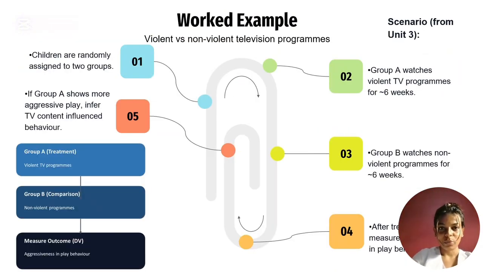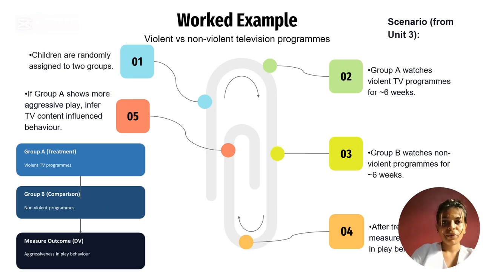Now here we have a worked example. The first thing is both groups were randomly assigned. One was watching violent TV content and the other was watching non-violent TV content for the same period of time, which was about 6 weeks. Now the educator will try to assess the aggressiveness in the play behavior.